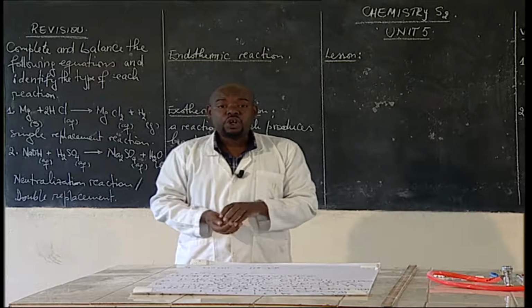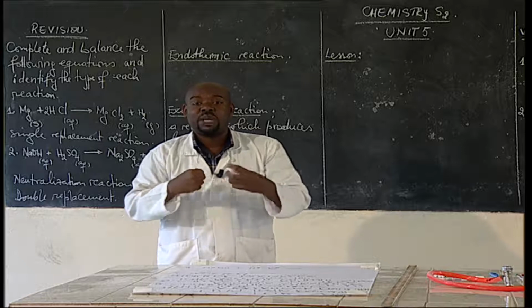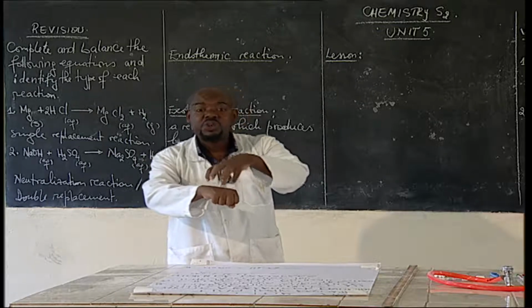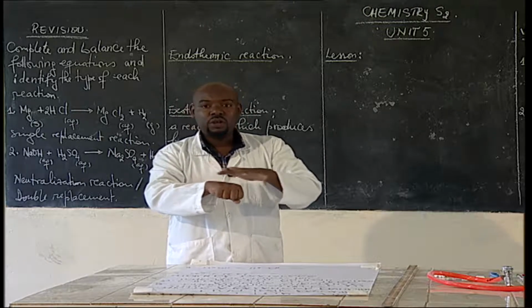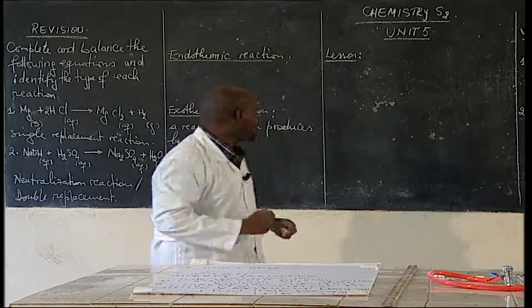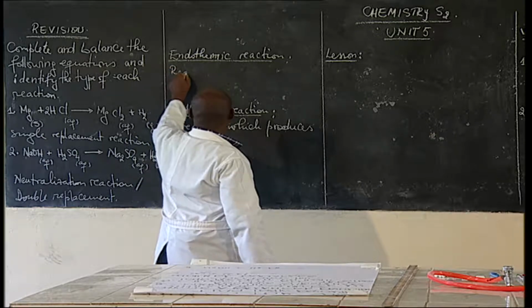Why? Because evaporation is a process which needs some heat to take place. So the heat which is needed will be absorbed from your skin, and then you feel cold, because the process is endothermic.